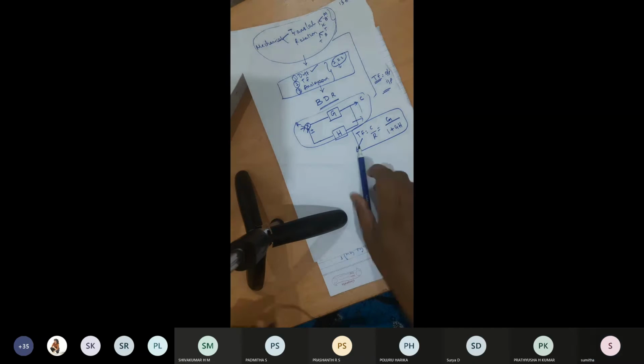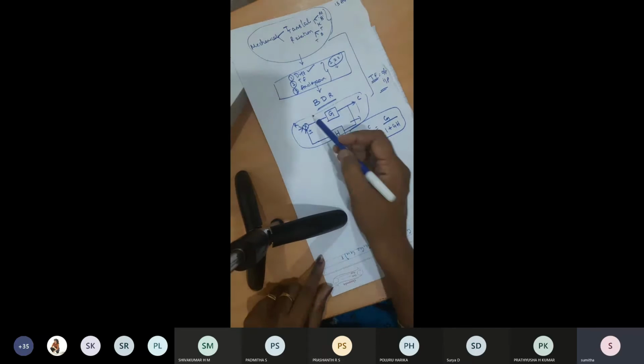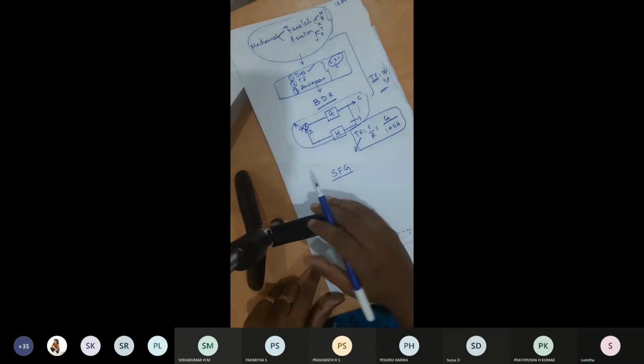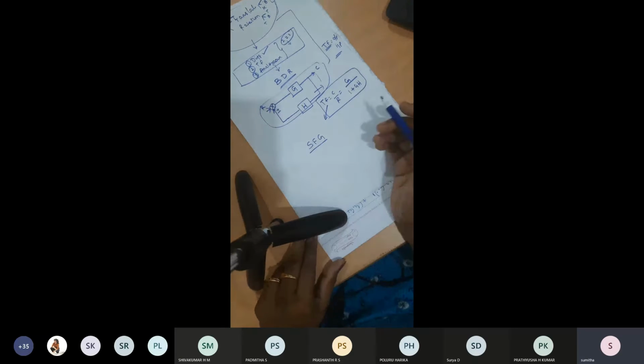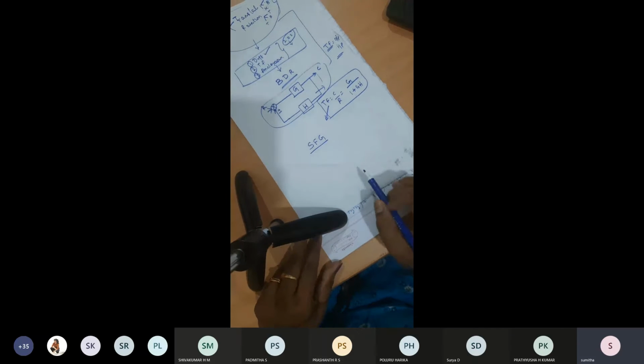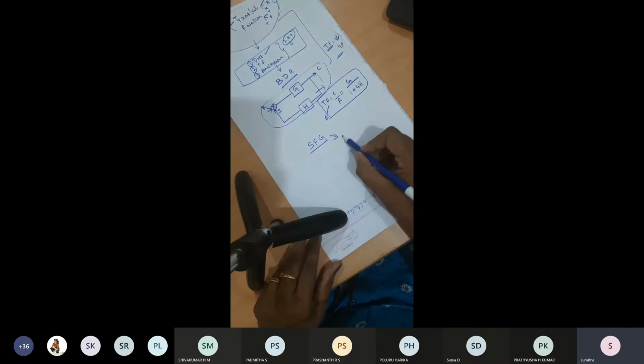Then another step, we will move from this block diagram. We are going to move into the next stage called signal flow graph. Here, whatever the blocks are there, I am going to write in terms of a signal. In terms of signal, I am going to measure that.